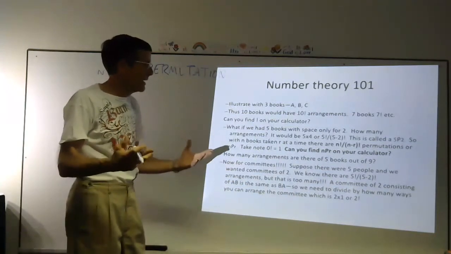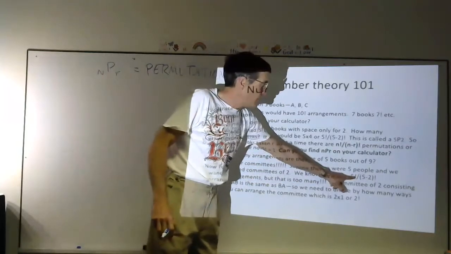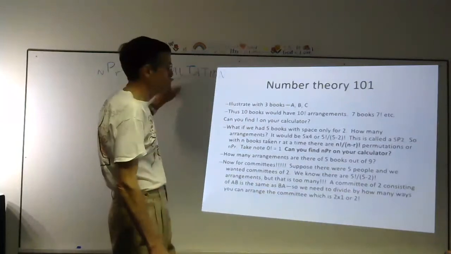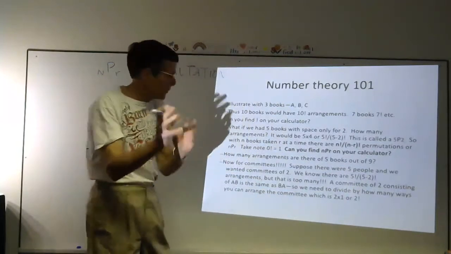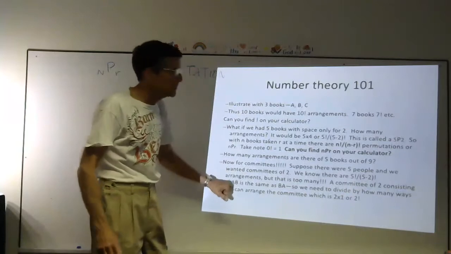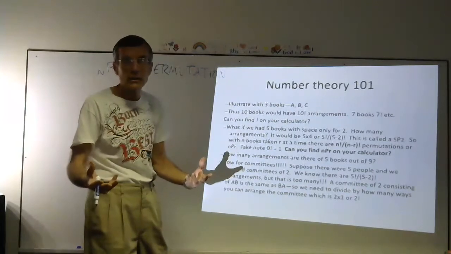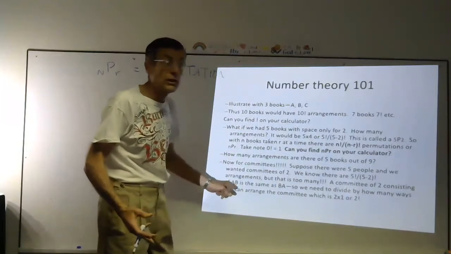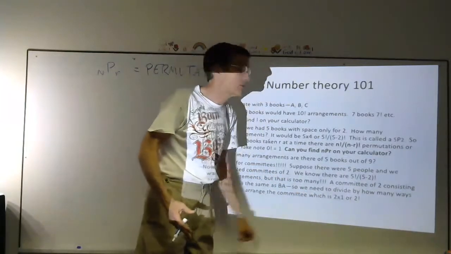So to get the correct answer, when you do 5 factorial over 5 minus 2 factorial for arrangements, permutations, you then have the total arrangements. These are different arrangements. You want to divide that out. So this cannot happen. How many ways can you arrange 2 things? 2 times 1, or 2 factorial.